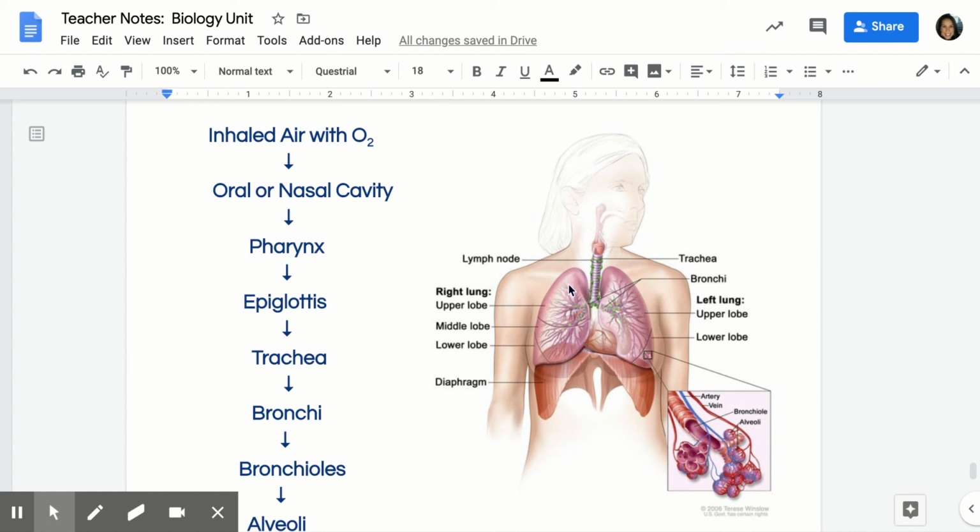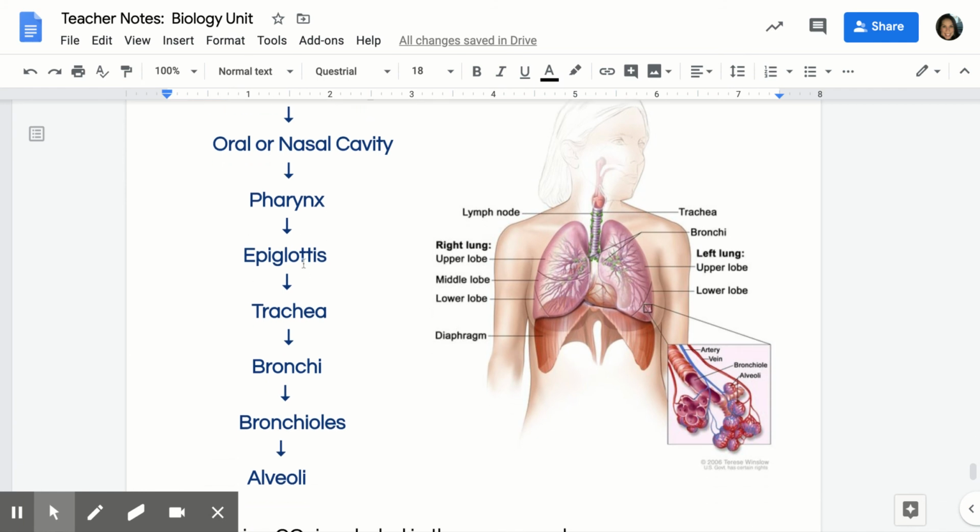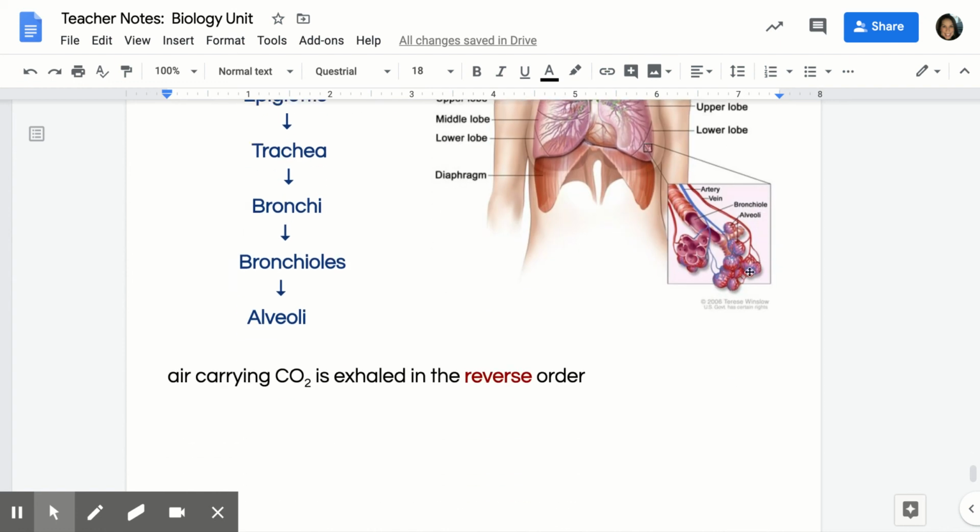So the flap of skin, whenever we're not eating, is laying over top of our esophagus so that nothing's going down into our stomach. Okay. It also means that when we are eating, food isn't going down into our lungs. So after it passes our epiglottis, it's going to go through our trachea, into our bronchi, which is right in here, to our bronchioles, and then our alveoli, which are attached at the end of the bronchioles. Then gas exchange is going to happen.